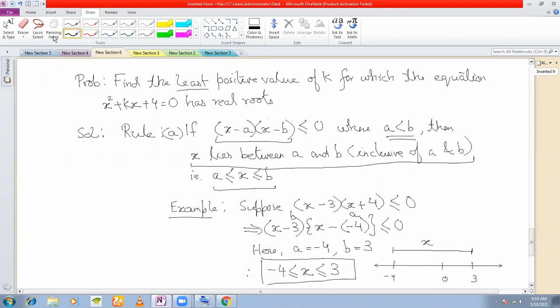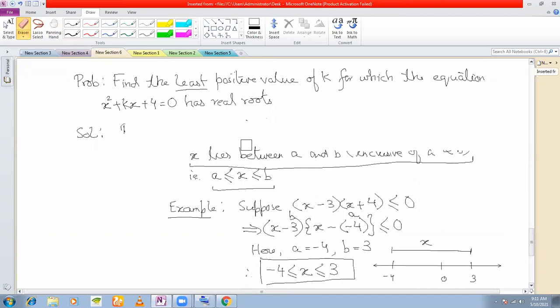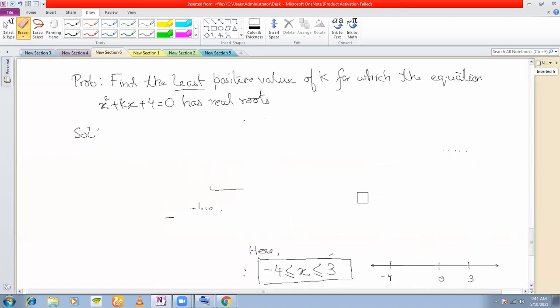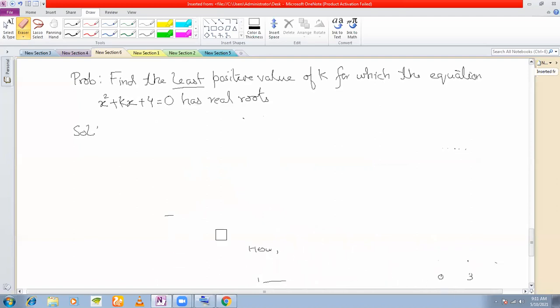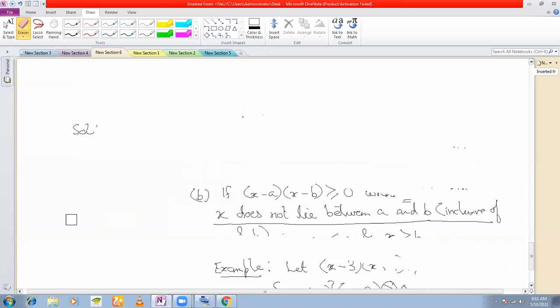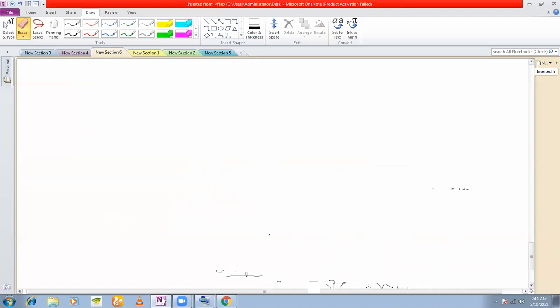So if it is clear, then we can proceed to the problem. I'll just read the problem here. Find the least positive value of k for which this equation has real roots. So now let us write the given quadratic equation first. What is the given quadratic equation here?